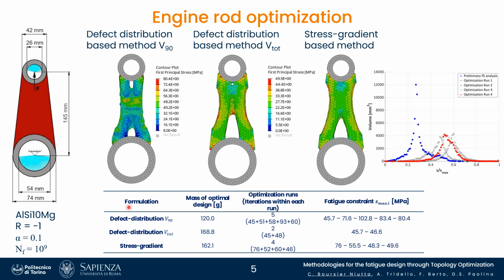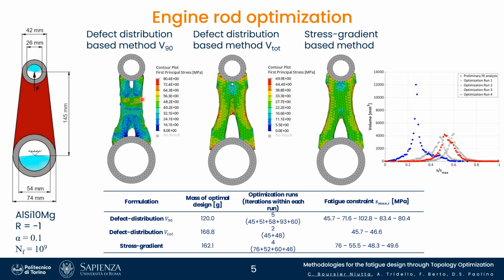In particular, in the first topology, we considered only the volume that is subjected to at least 90% of the maximum first principal stress, while in the second topology, we have considered the whole volume of the topology for the calculation of the largest defect.